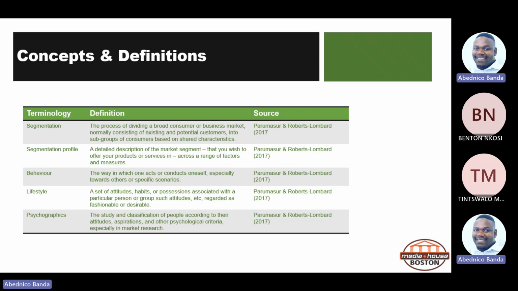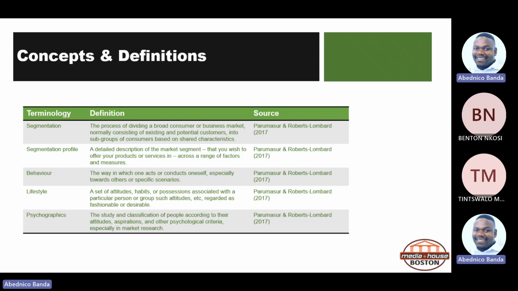So as I said, segmentation is the process of dividing a broad consumer or business market, normally consisting of existing and potential customers, into subgroups of consumers based on shared characteristics. So the shared characteristics can be gender, or education, or location. You can group people of Johannesburg together and people of Cape Town together.